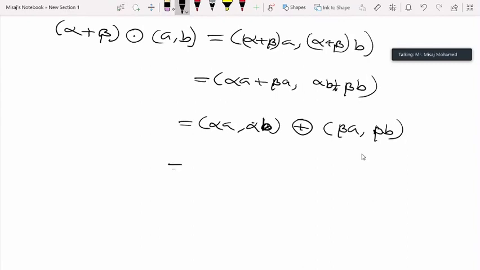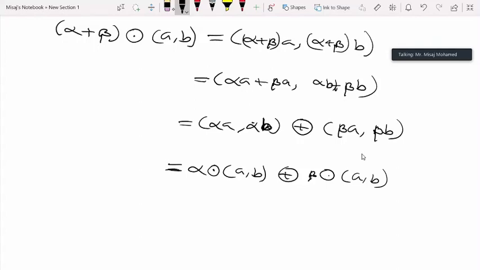So alpha can take out (A, B), beta can take out (A, B). So this distributive property holds.